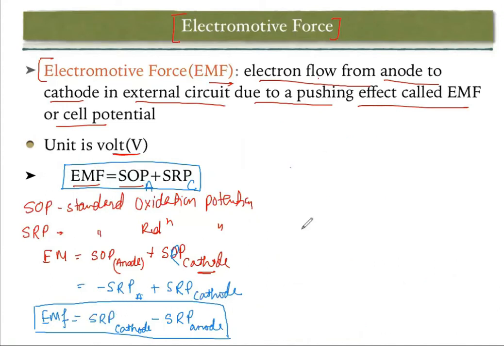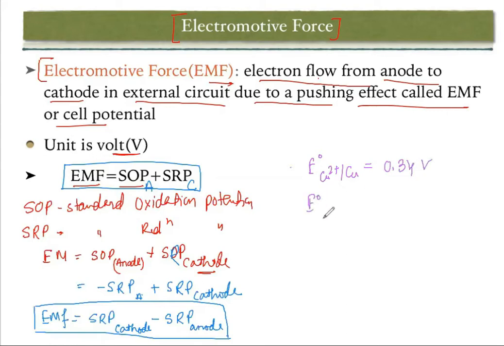We can apply this formula and find out the potential difference in a galvanic cell. Okay, E naught of copper, that is Cu2+ to Cu, this is nothing but your reduction potential. The value is given as 0.34 volt.